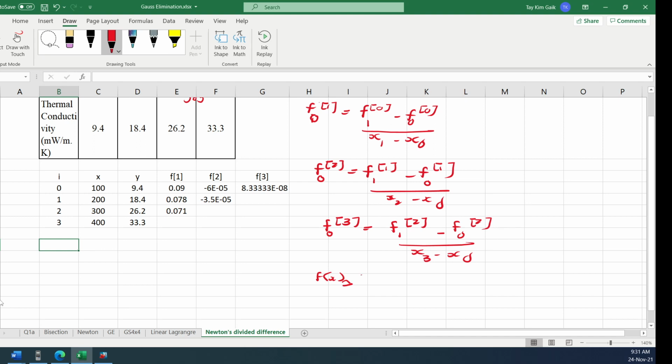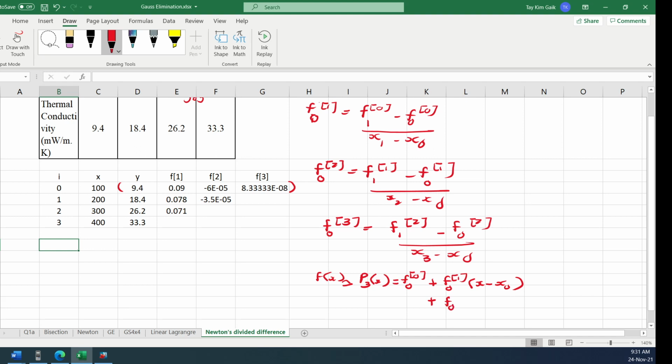Lastly, to estimate f at 385, the fx is approximated by p3x, which is equal to f00, which is actually this one, y naught, plus f01, taking all from row 0. First level multiplies one term, x minus x naught.